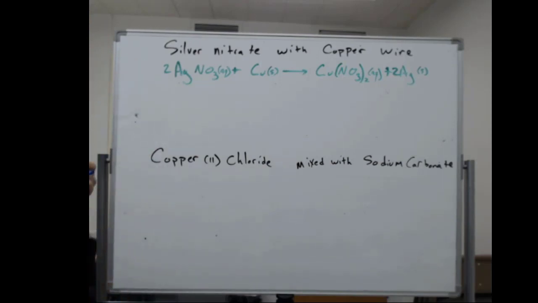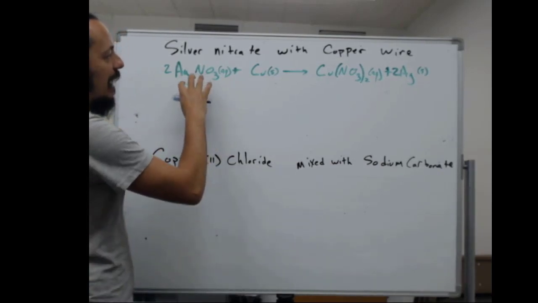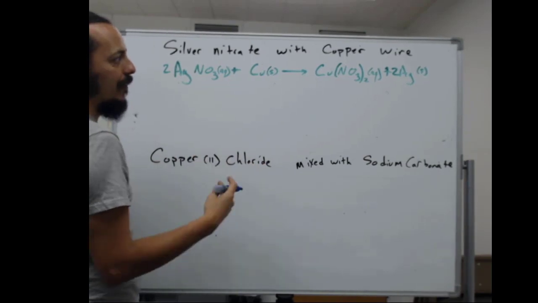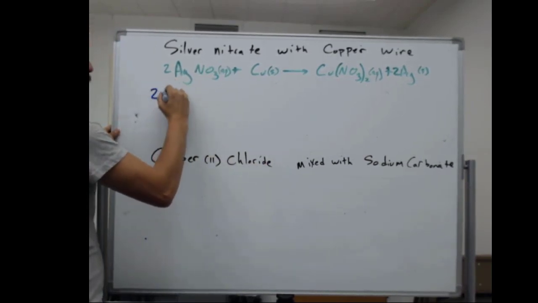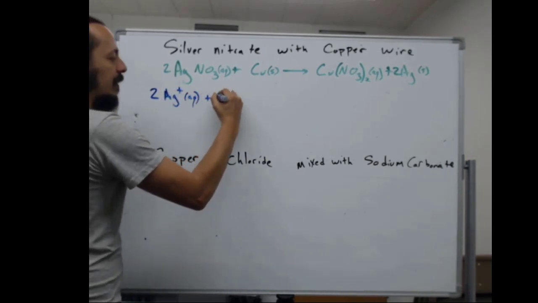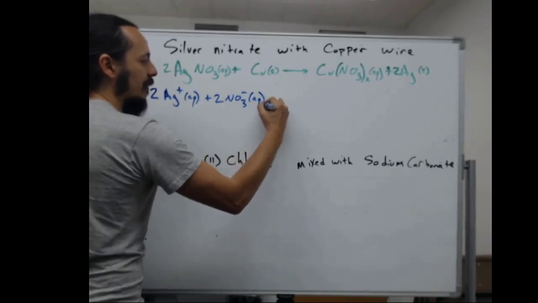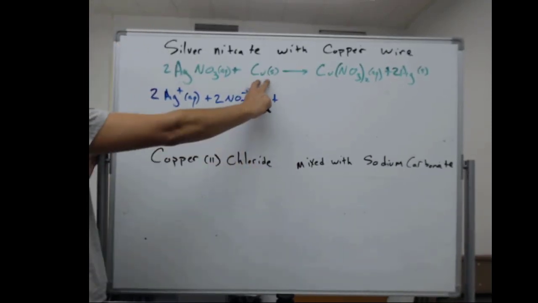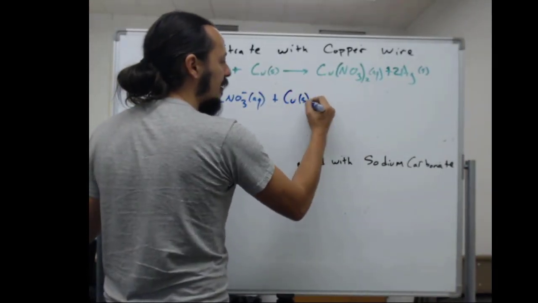We can then go ahead and write the total ionic, where the aqueous compounds, we already checked the solubility rules, aqueous compounds are going to break into their ionic constituents. So the total ionic would be 2 Ag plus aqueous plus 2 NO3 minus aqueous plus copper. Metallic solids do not break apart, so that's going to be copper solid.